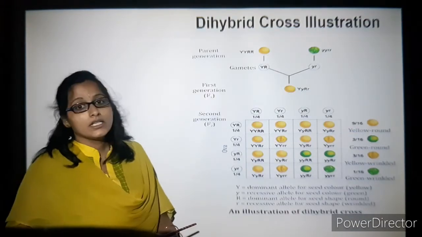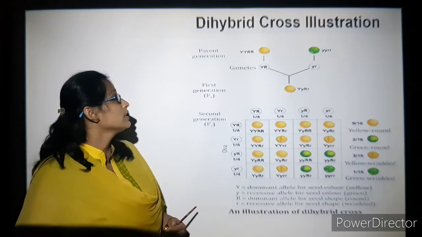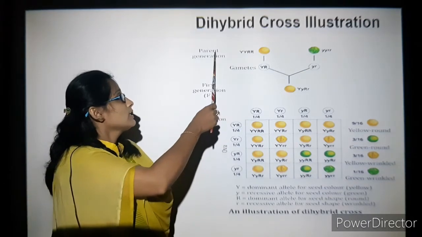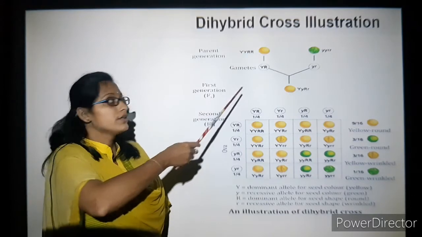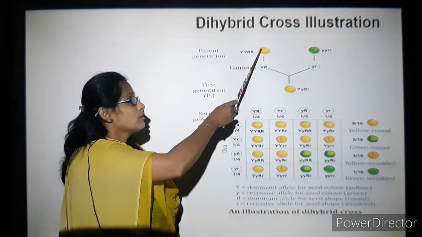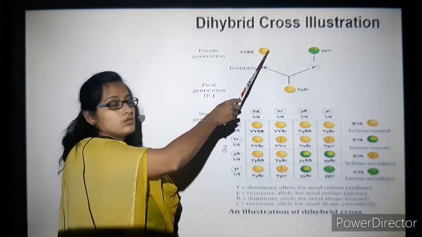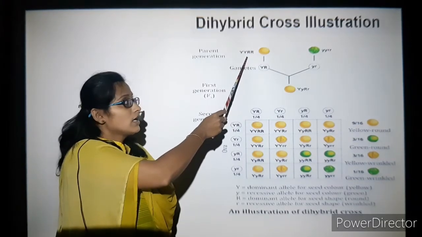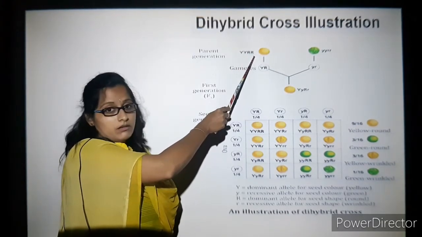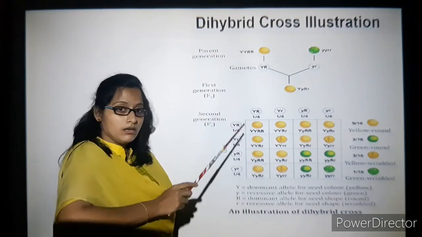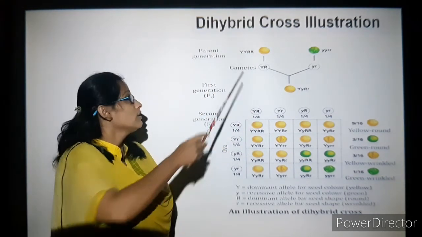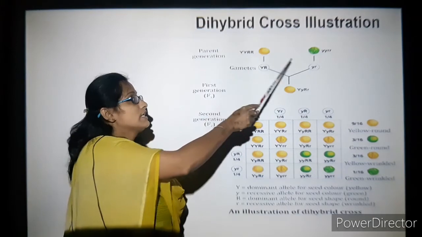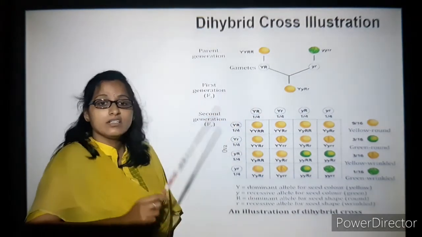So here again illustrating the same example. The parent generation we have taken is round and yellow, so round and yellow is dominant here. So big Y and big R, round we will represent as big R. Next is wrinkled green.